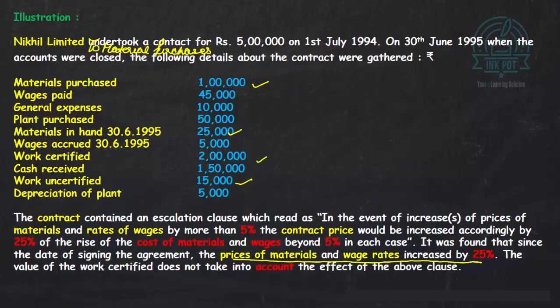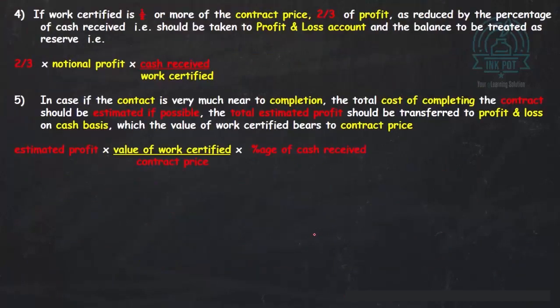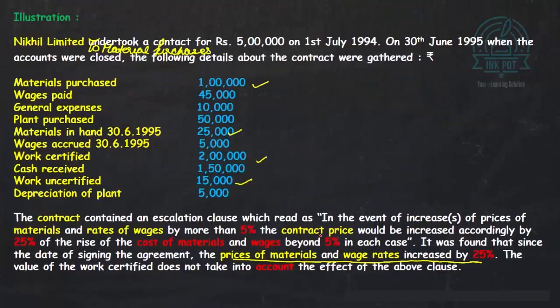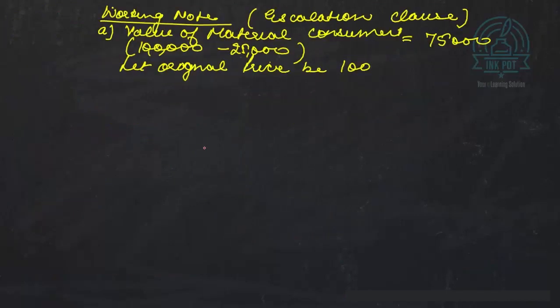So let the original price be 100. We don't know the original price because 75,000 is an increased price, so we have to calculate the original price.